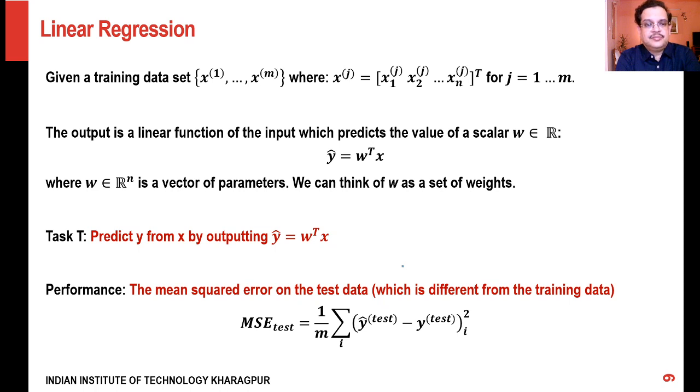In linear regression, given a training data set which has m different data items, where each data item is a vector giving the values of the n different variables that we have, the output is a linear function of the input which predicts the value of the scalar y, such that the function y hat is some set of weights multiplied by x.